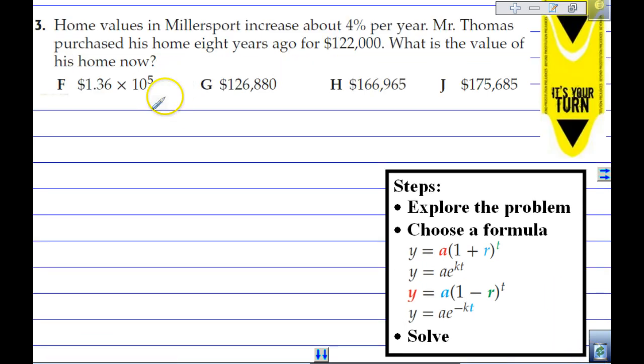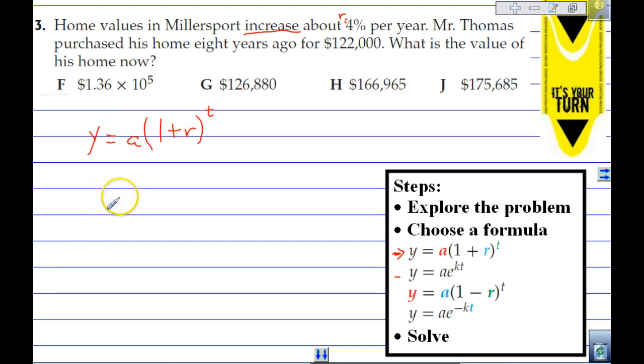Alright, there's another one. Once again, we're going to try to figure out what formula to use first. We have an increase, so that alludes to growth. So we got here or here, and it's given us the rate, so that narrows it down pretty fast. So we got y equals a times 1 plus r to the t power.